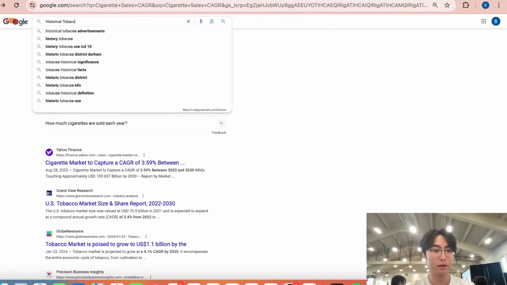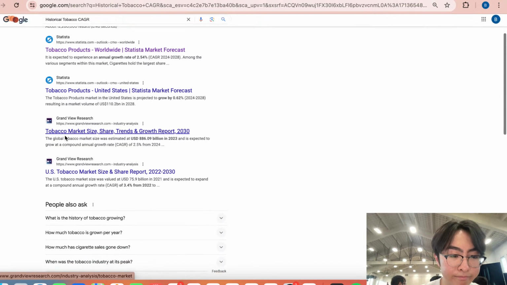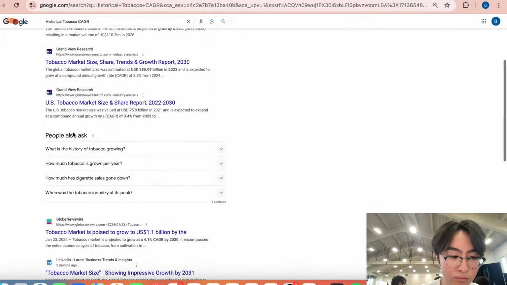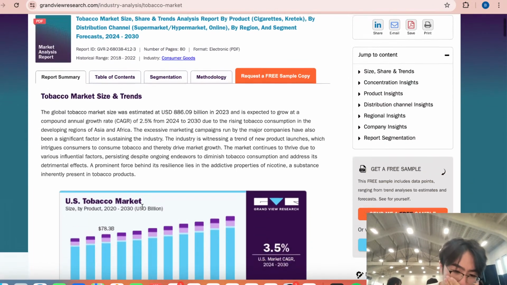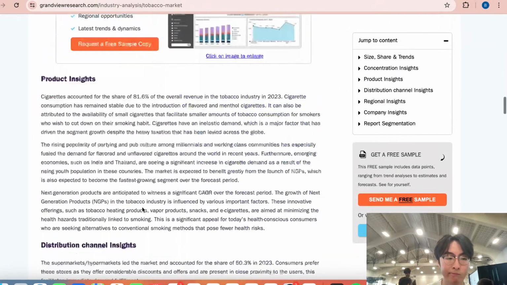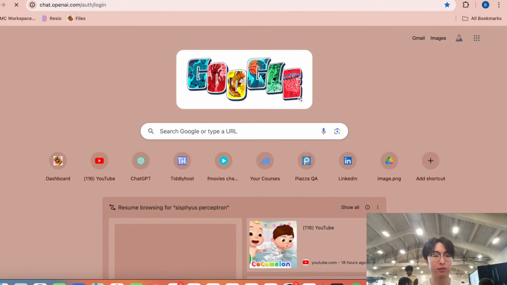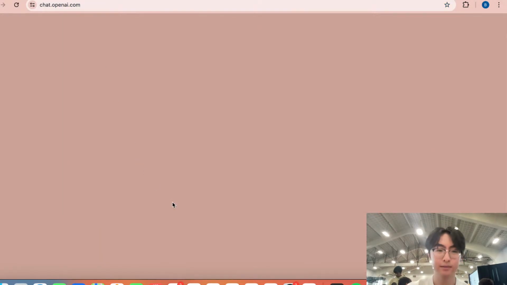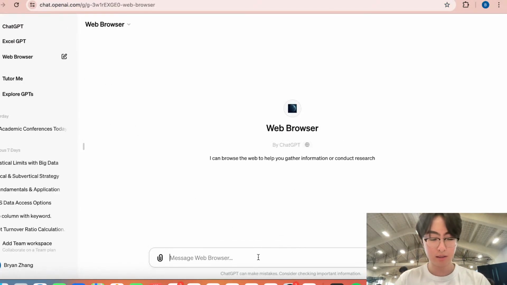Historical tobacco CAGR. Maybe this is a good place to use ChatGPT actually. The web browser GPT.